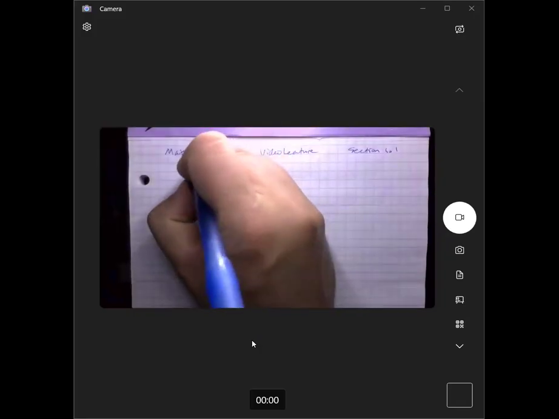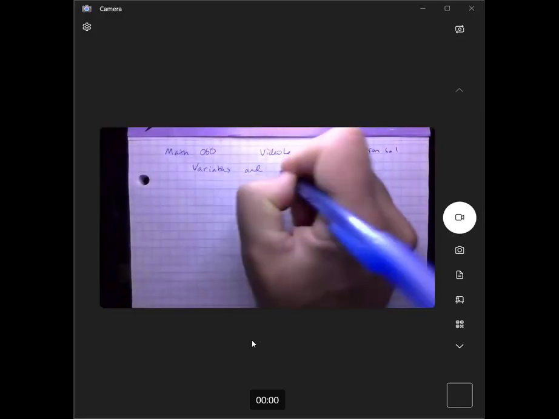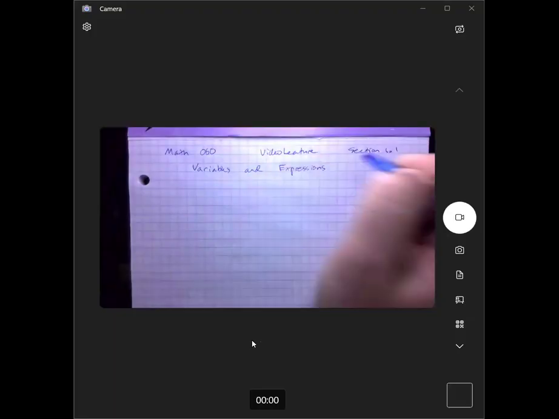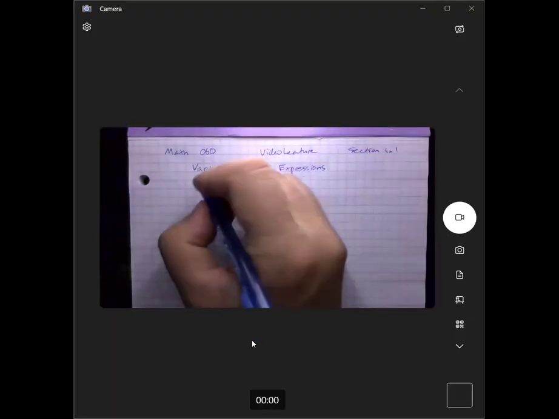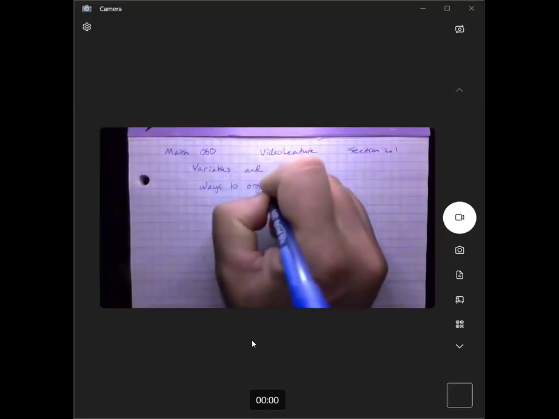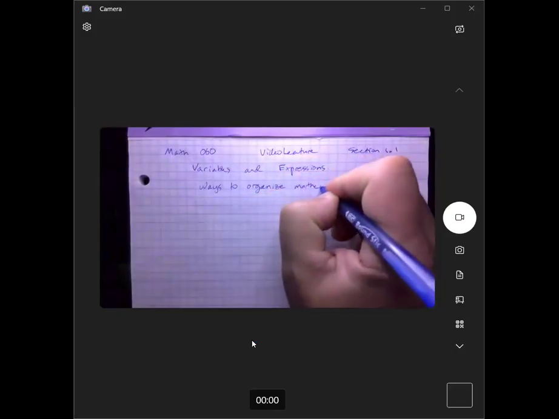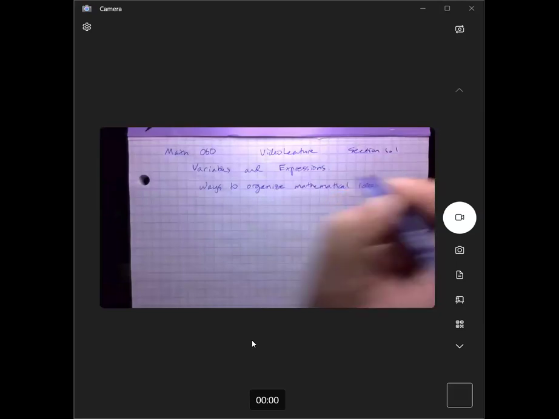All right, section 1.1 is all about variables and expressions. So variables and expressions, these are ways to organize mathematical ideas.